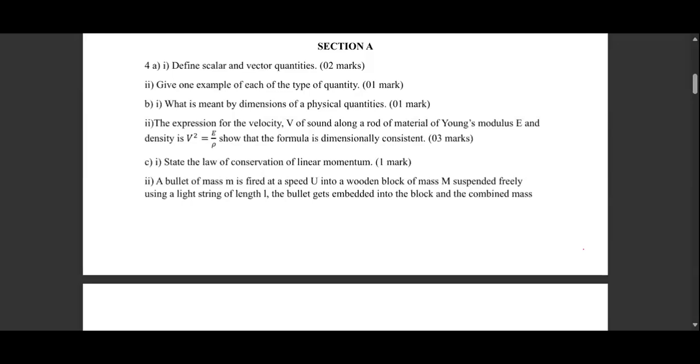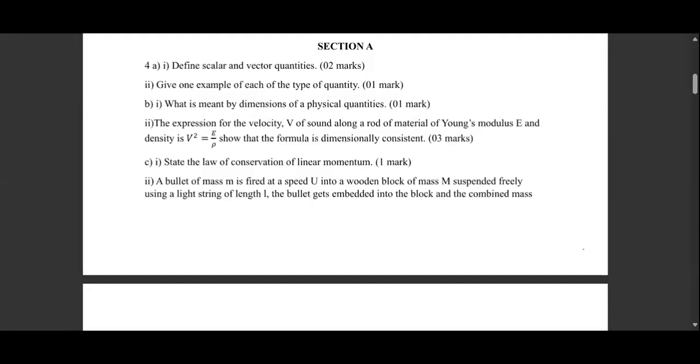Then part B, they are asking us to define what is meant by dimensions of a physical quantity. Dimensions of a physical quantity is the relationship between the fundamental quantities and the derived quantities.